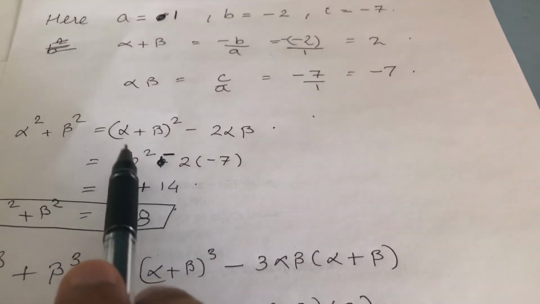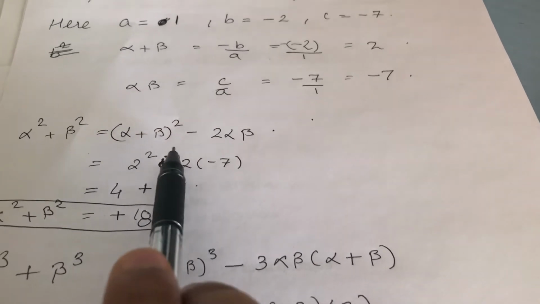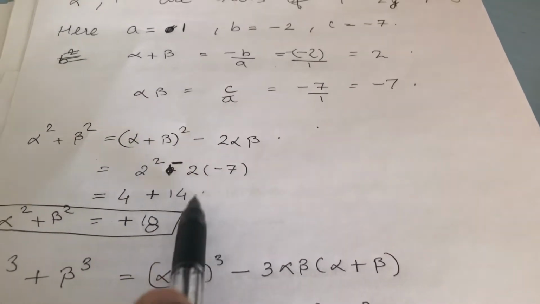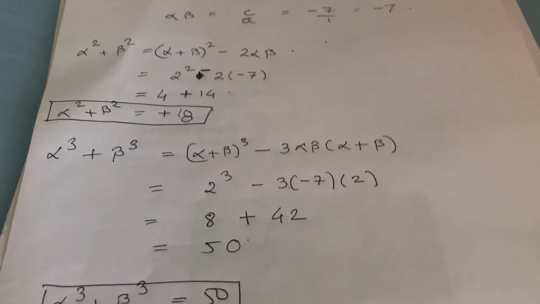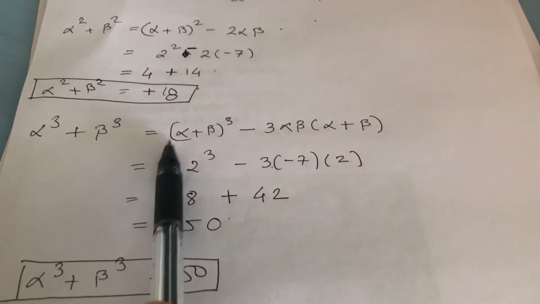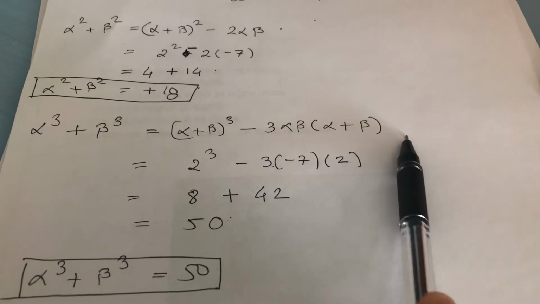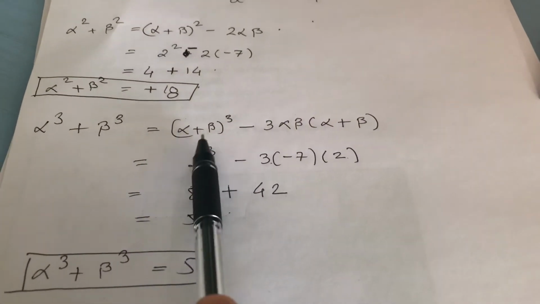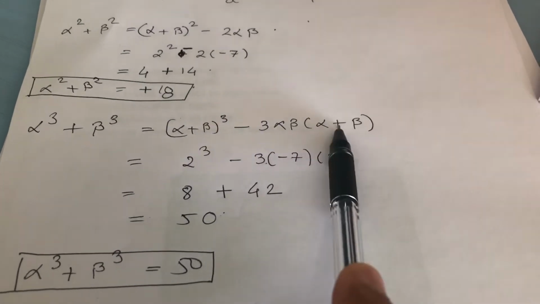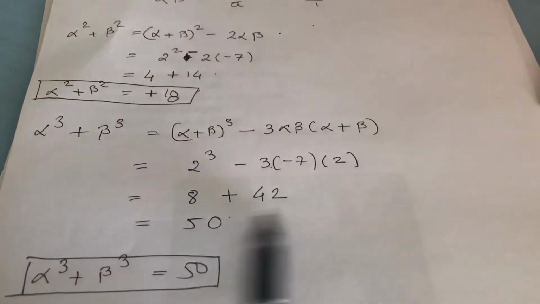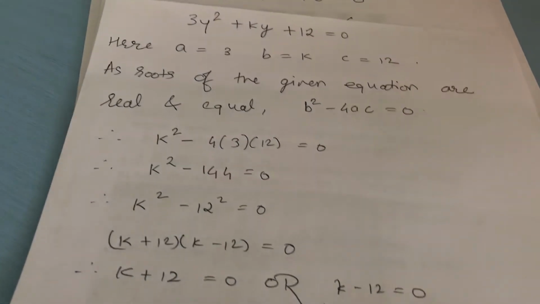Okay. So you put the values, minus minus becomes plus, 2 into 7 is 14, you get alpha square plus beta square as 18. Similarly, alpha cube plus beta cube, the formula that we just derived, you just substitute the values of alpha plus beta, alpha beta and alpha plus beta again. Solve to get the answer, alpha cube plus beta cube.